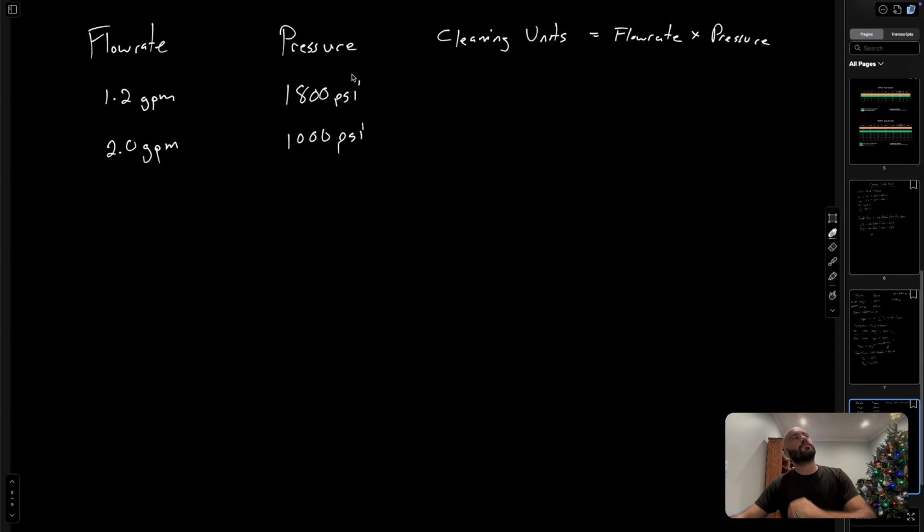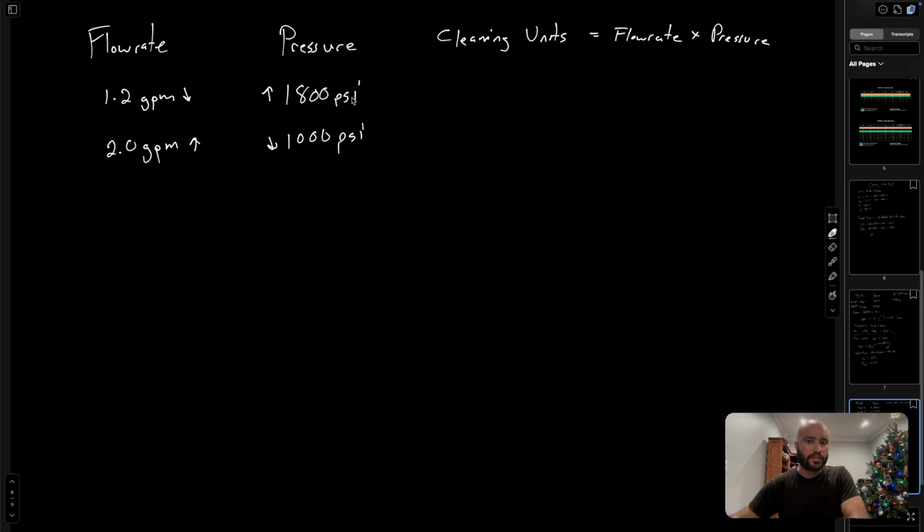So first off, something you probably notice right away before we get into cleaning units is that when we have a high flow rate, our pressure decreases, and when we have a low flow rate, our pressure increases. And really what you're actually seeing is that pressure is a resistance to flow, right?